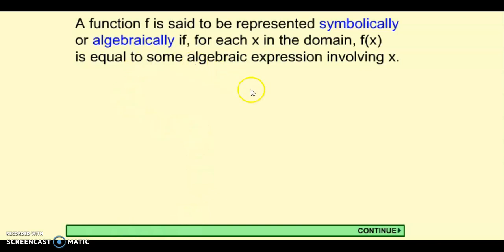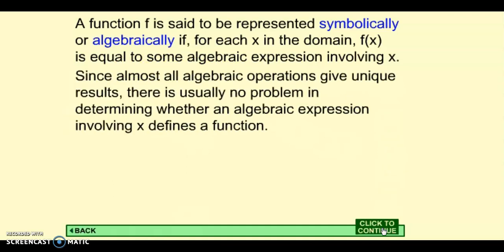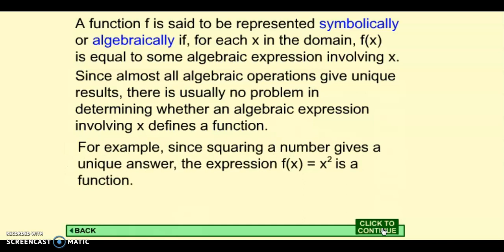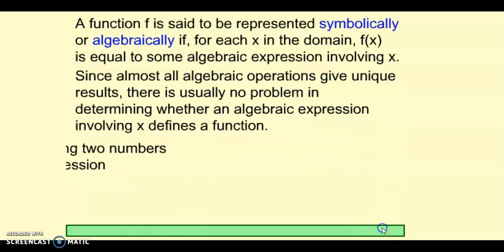A function f is said to be represented symbolically or algebraically if for each x in the domain, f of x is equal to some algebraic expression involving x. Since almost all algebraic operations give a unique result, there is usually no problem in determining whether an algebraic expression involving x defines a function. For example, since squaring a number gives a unique answer, the expression f of x equals x squared is a function.